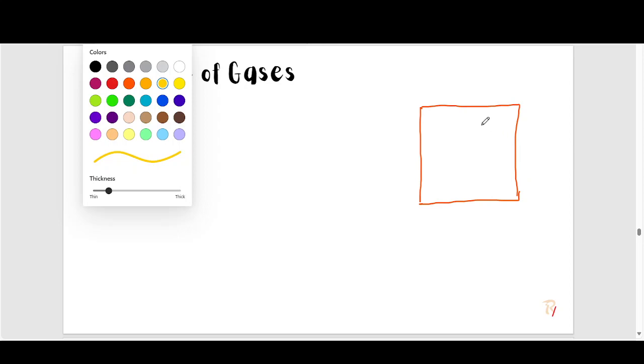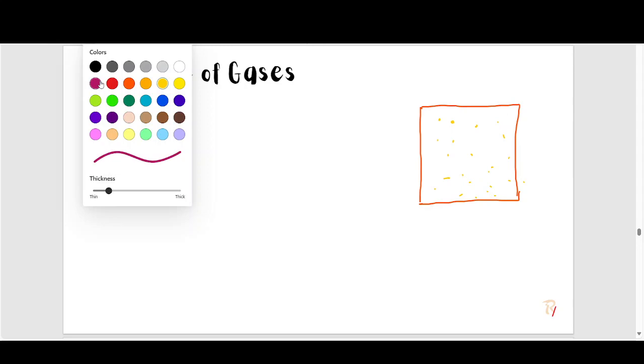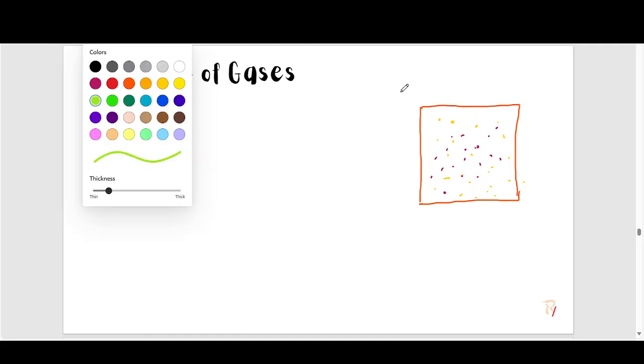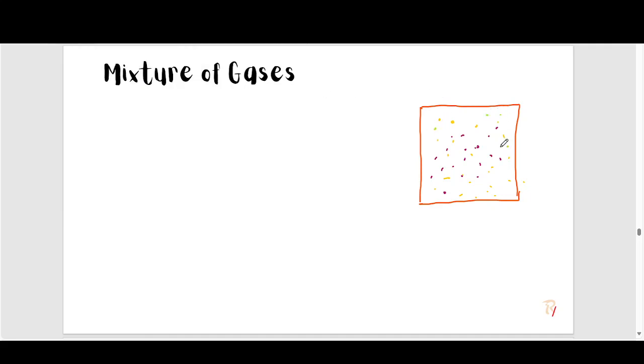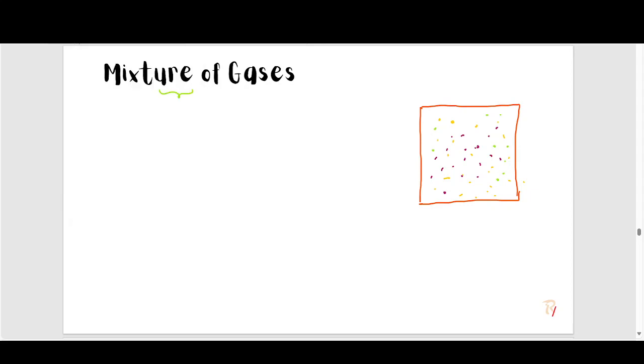Let me take molecules like yellow, let me take another color, and another color.